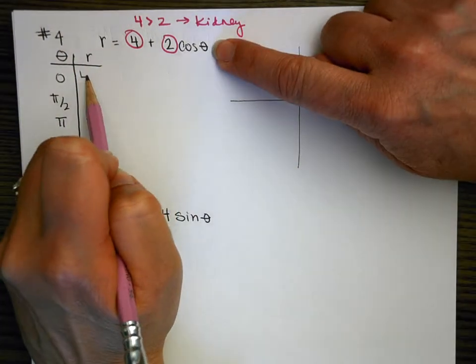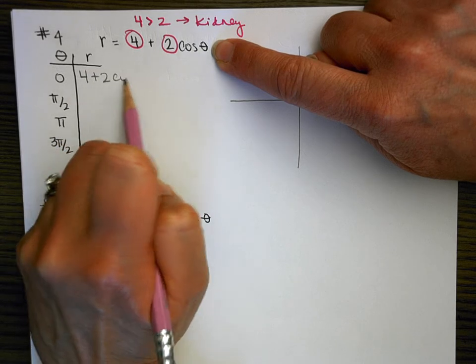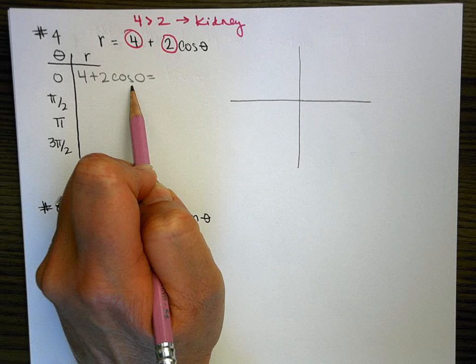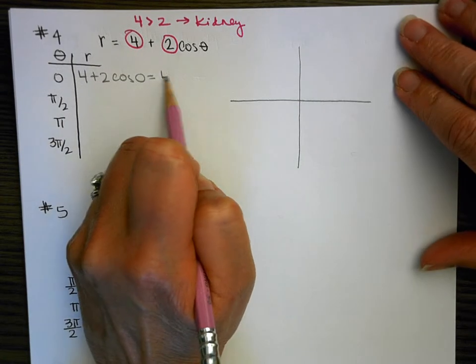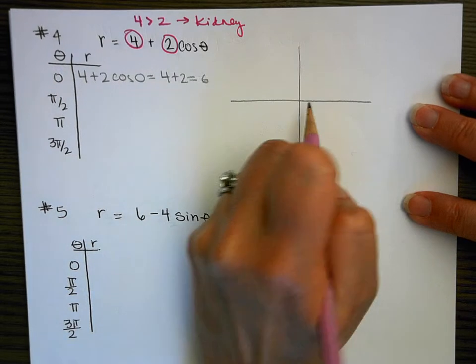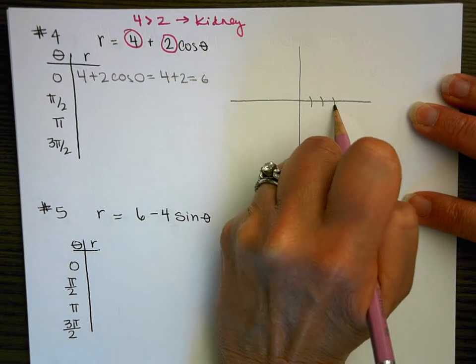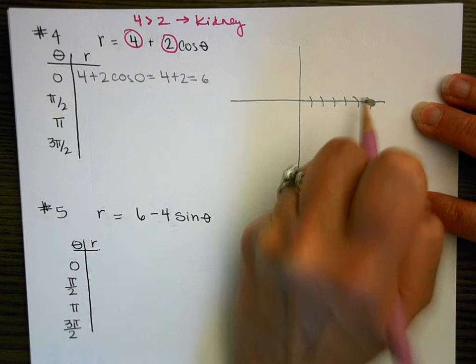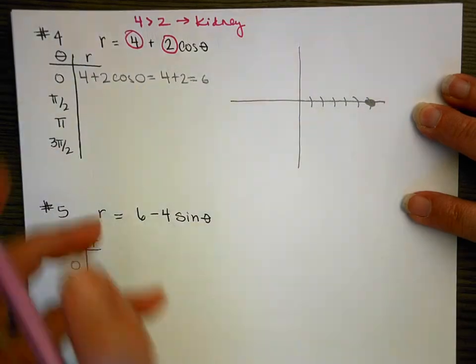So I'm going to replace theta with 0, so that would be 4 plus 2 cosine of 0. And I know the cosine of 0 is 1, so that would be 4 plus 2 times 1, or 6. And then I know that's my start point there too.